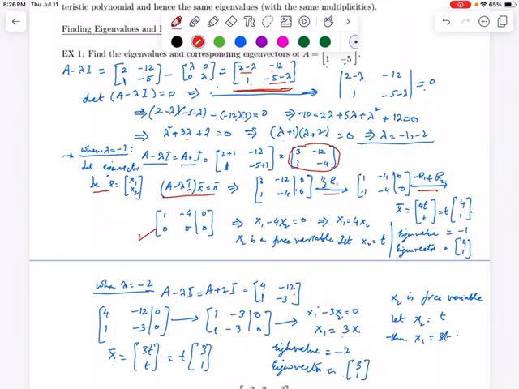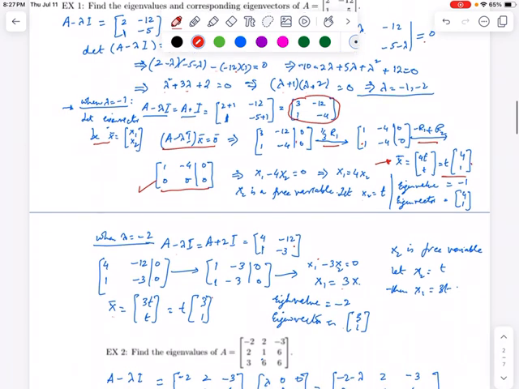We can see from this row reduced form of the matrix that x2 is a free variable, so x1 is written in terms of x2, and then we go back and substitute in the vector x. x1 was 4t and x2 was just t, so we get that. Factoring out the t, our eigenvector is 4, 1.